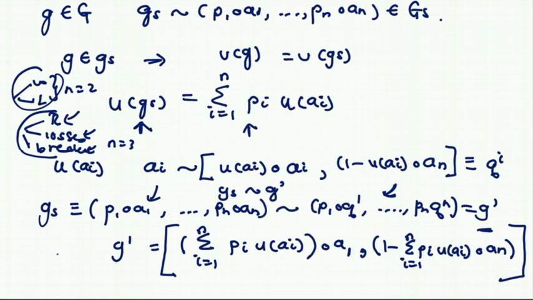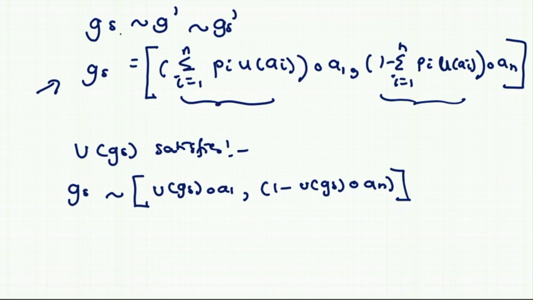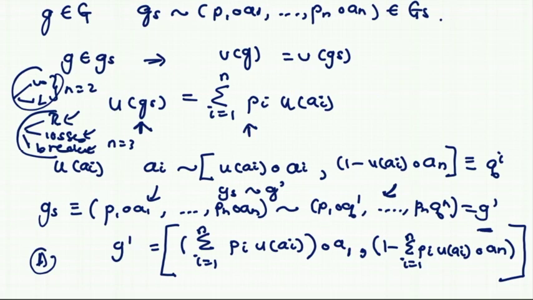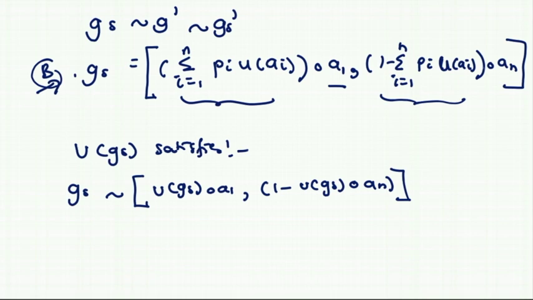You look at this, I call this one A, and look at this, I call this one B. By comparing between A and B, you can see a_1 here, and also a_1 here, and here, and also here.